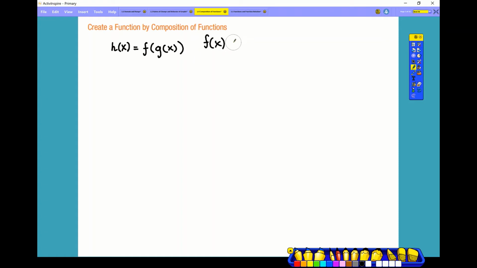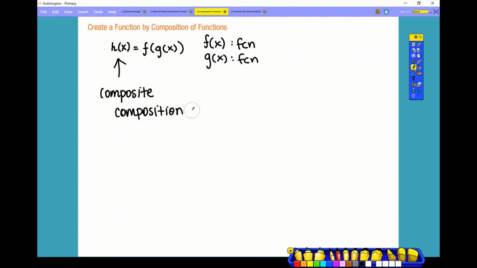So f of x is a function and g of x is another function, and h of x is a composite. So it's the composition of f and g. And it's okay to not write the x in parentheses here when we're talking about this.